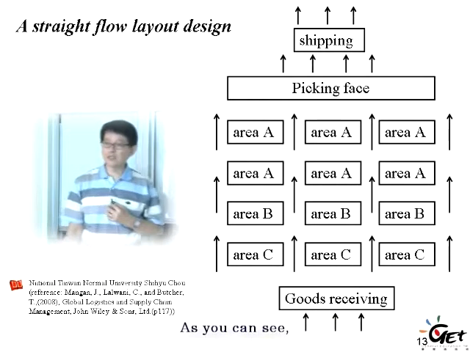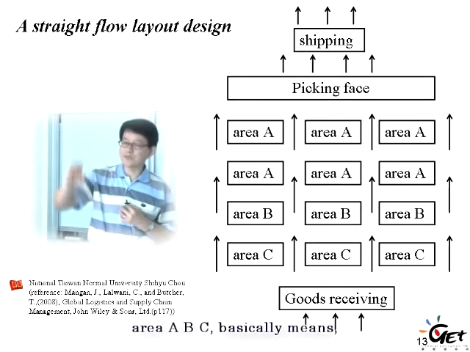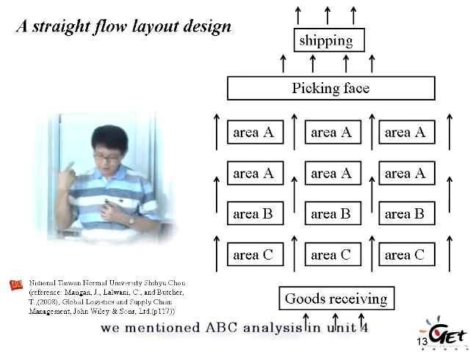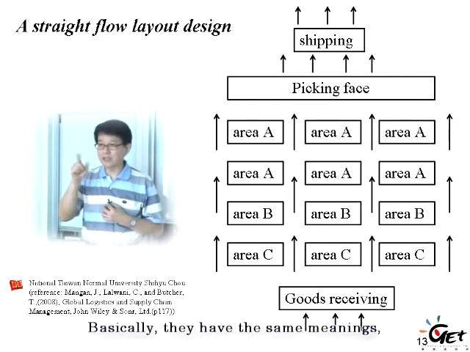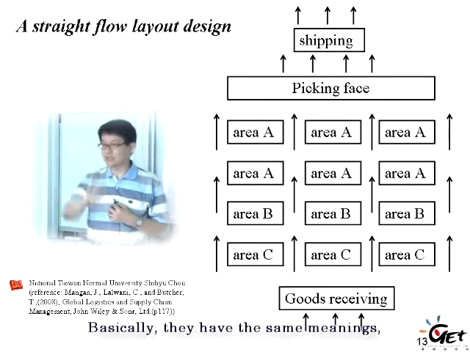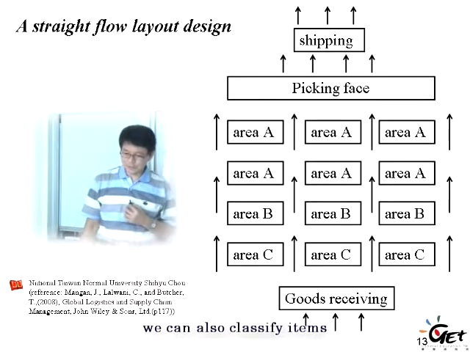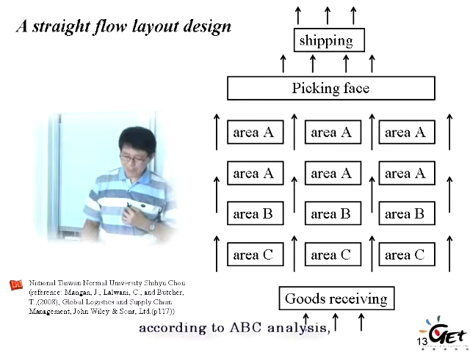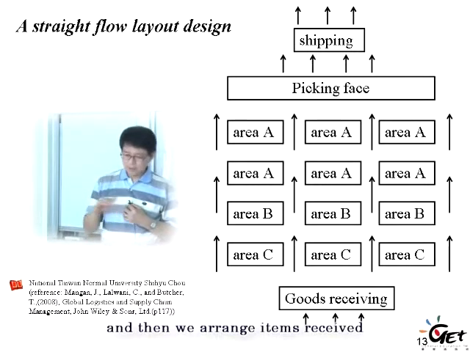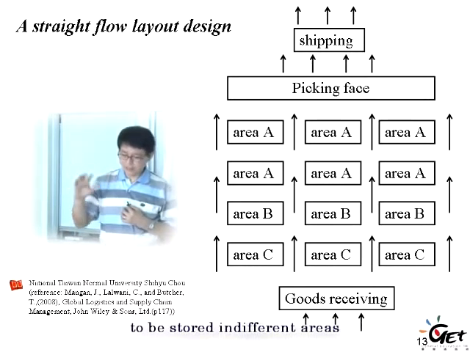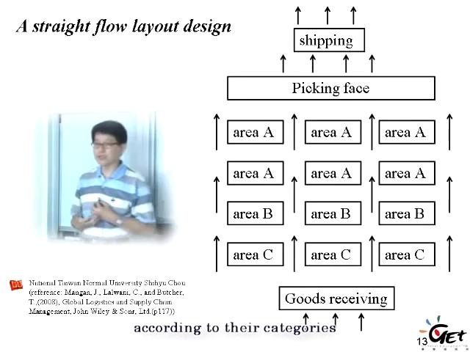Okay, and as you can see, the areas A, B, C basically mean what we mentioned in the ABC analysis in Unit 4, right? Basically, these are exactly the same meanings. We can also classify items according to an ABC analysis, and then we arrange the items received to be stored in different areas according to their categories.